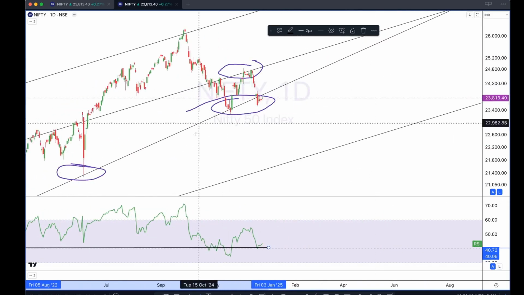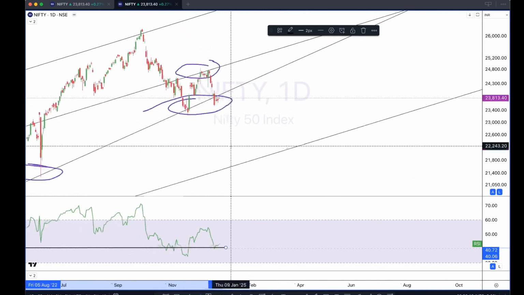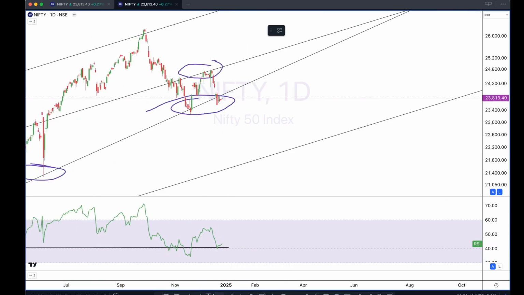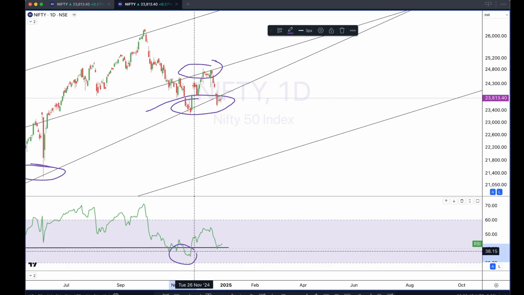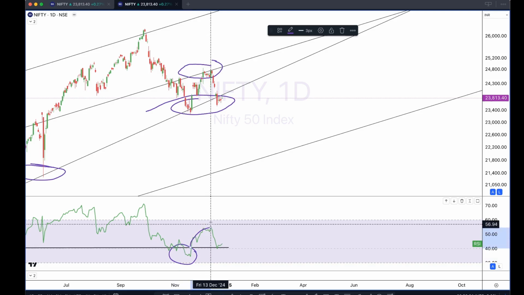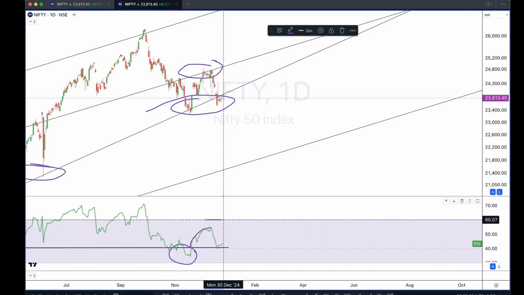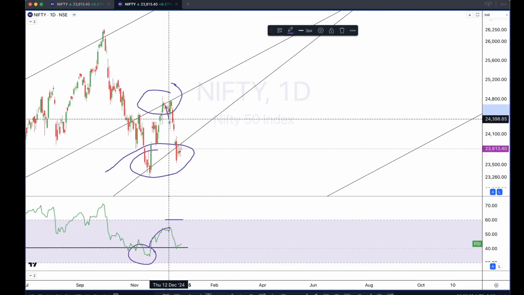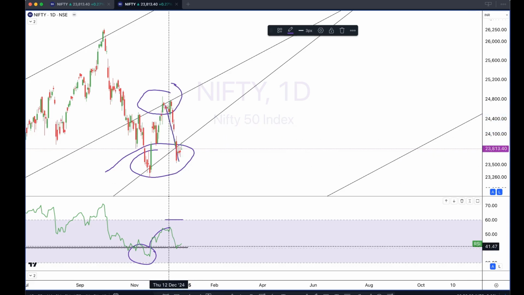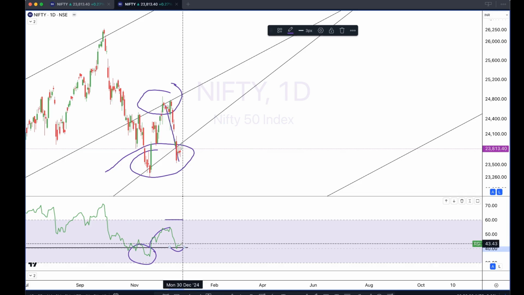Now, coming to this stage, the more recent price activity. What I can notice here is the daily time frame RSI has breached below the level of 60 once, given a small bounce back, but it still did not make its way to the level of 60. However, this leg of correction has taken support at the level of 40.